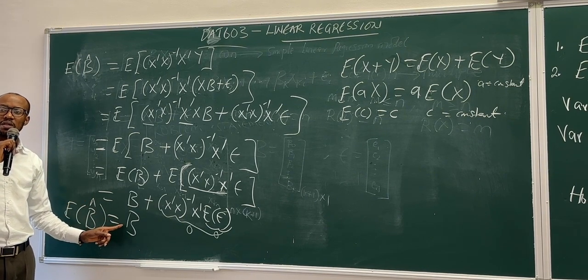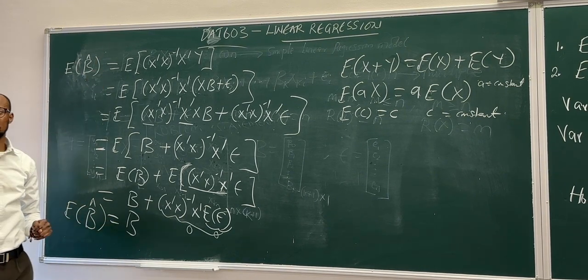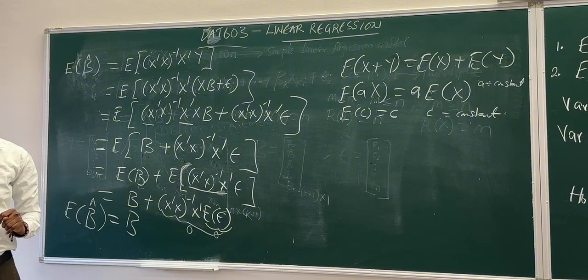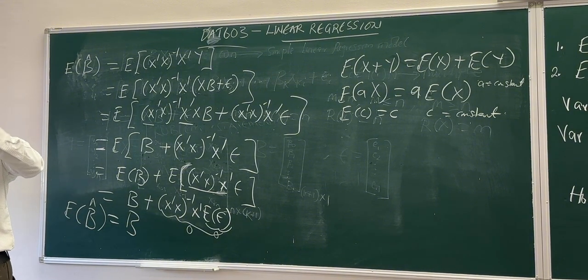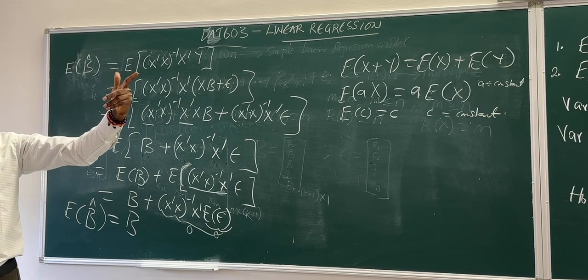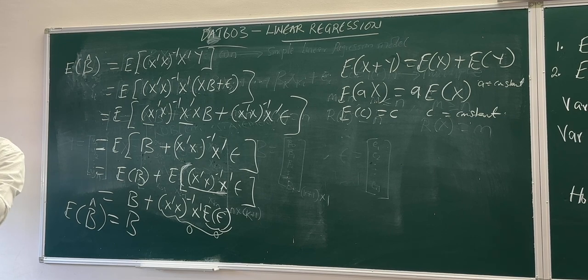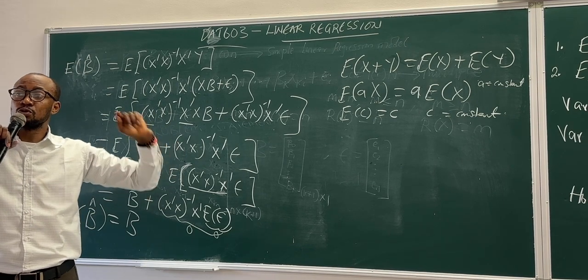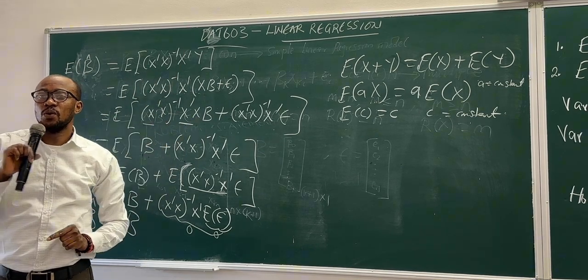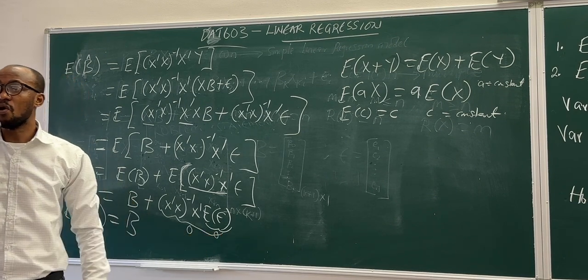What this implies is that the expected value of the OLS estimator is equal to the true value of that parameter. When you hear me say expected value, I'm also referring to the mean. When the mean of the estimator is equal to the true population value, we say that that estimator is unbiased.